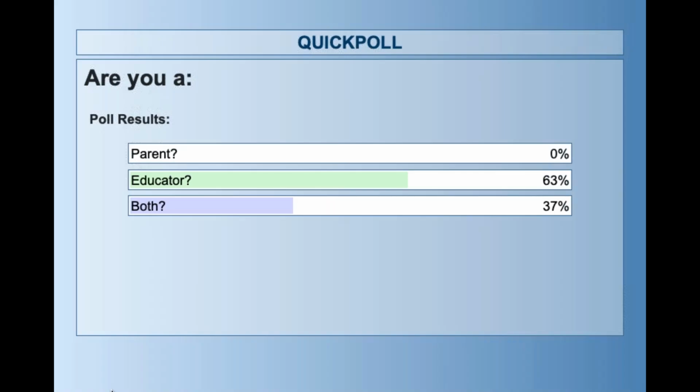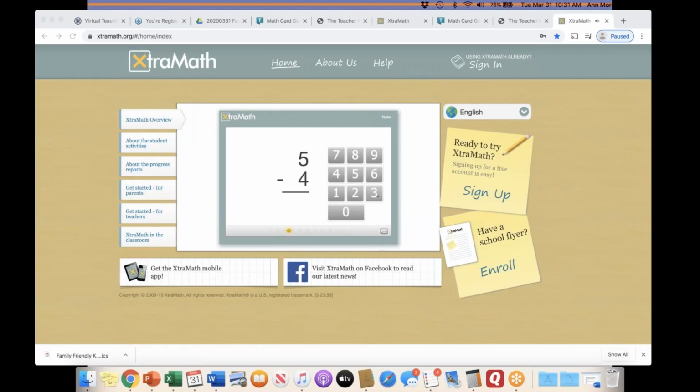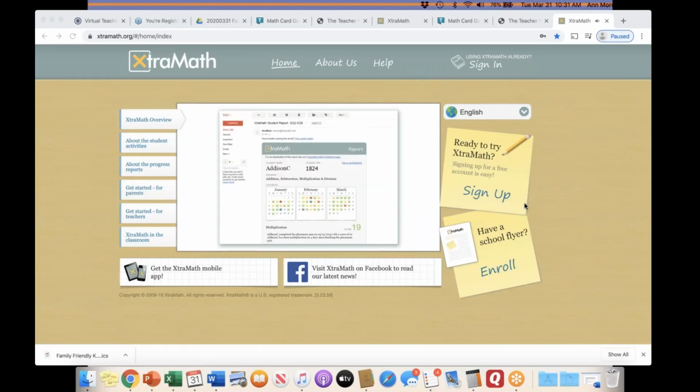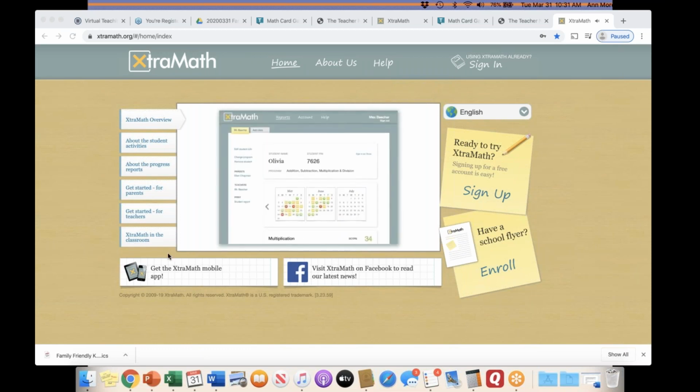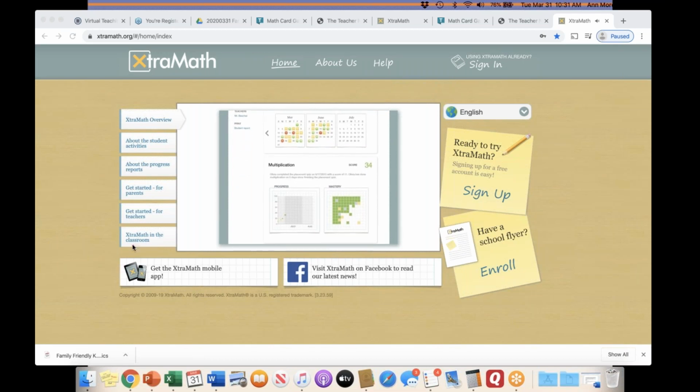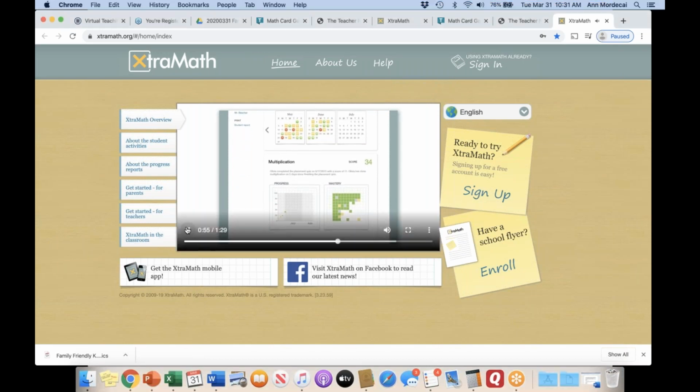Extra Math can be used by parents with their children at home or by teachers with their students in the classroom or as homework. Student activities are simple and straightforward and take only a few minutes each day. Parents and teachers regularly receive progress reports in email. More detailed reports can be accessed online at any time.